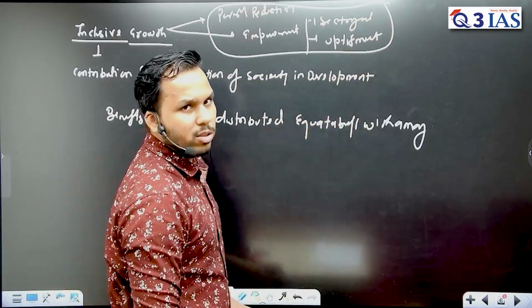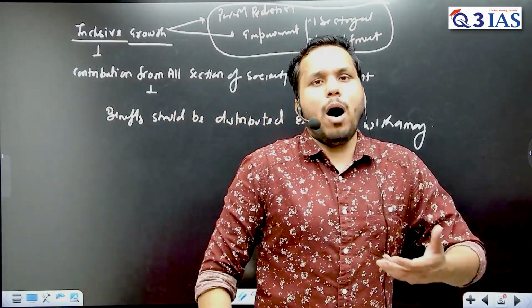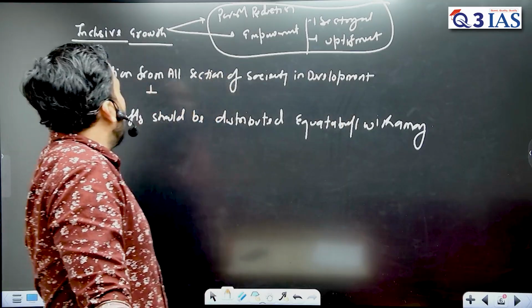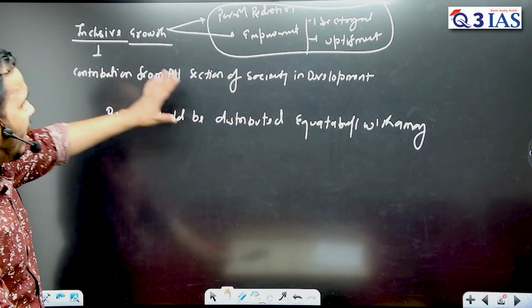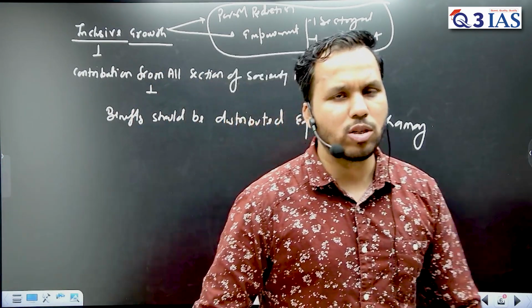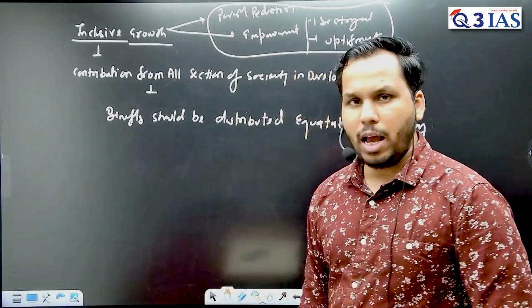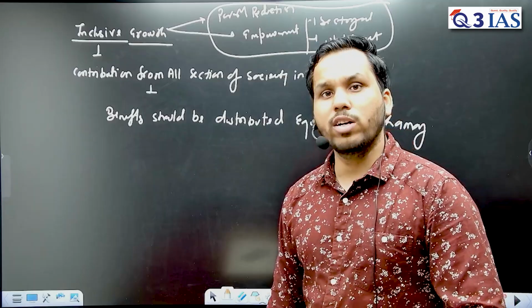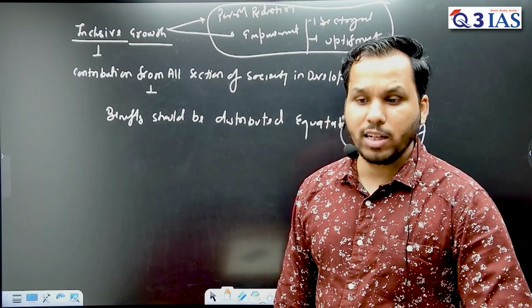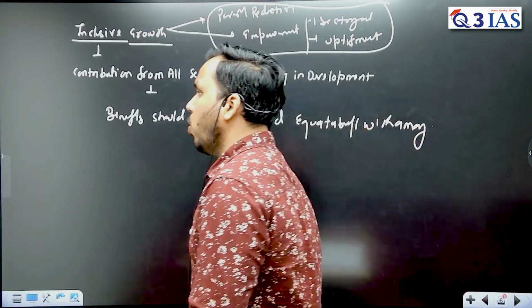These are the areas. The people need to become more empowered, so that we can say every section of society has contributed to development. And on the other aspect, whatever benefits are provided in society should be distributed equitably.